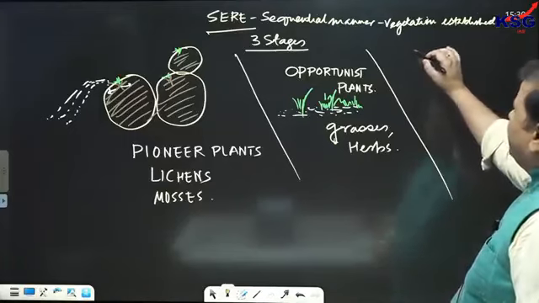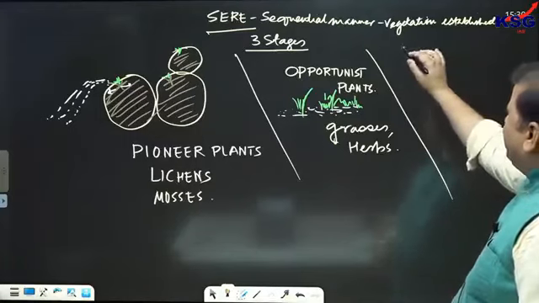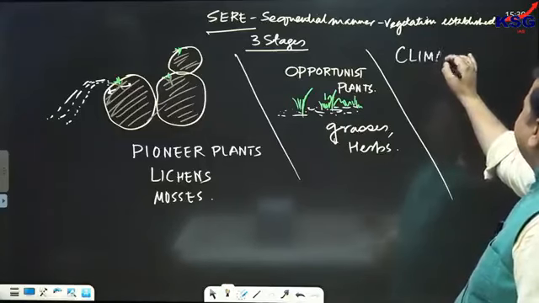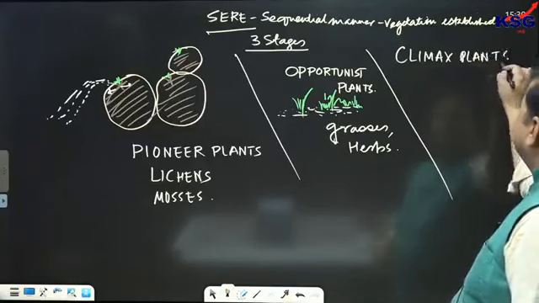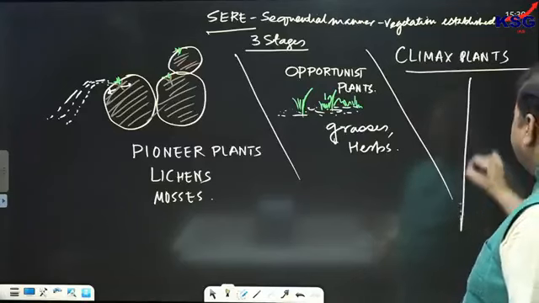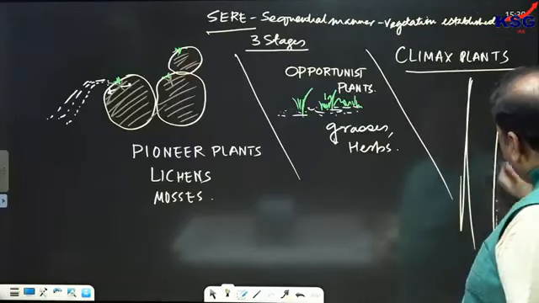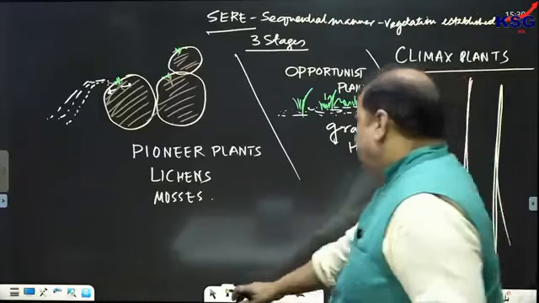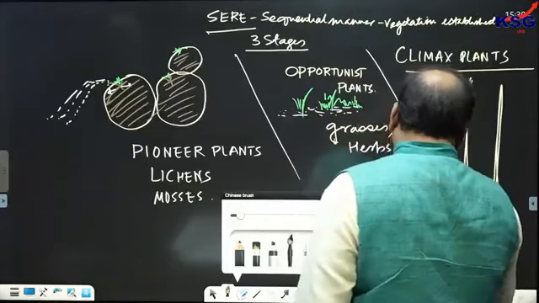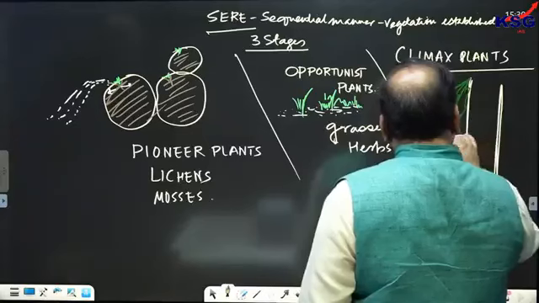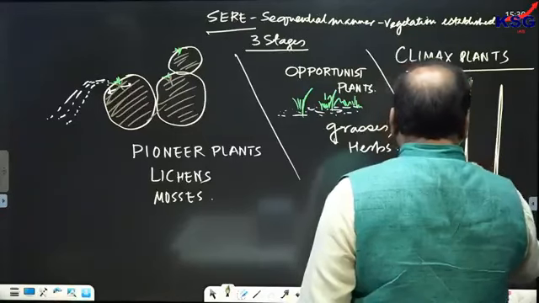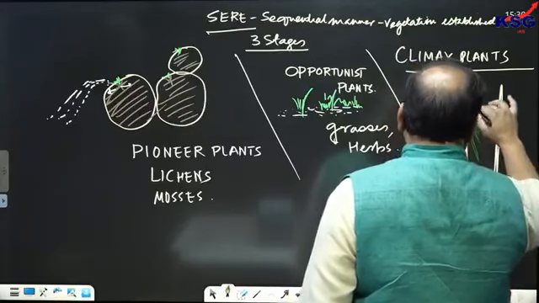And the third stage would be called what? It would be called the stage of climax plants. Now in this phase, we can see trees of greater height growing in that area. And obviously the leaves of these trees would be obstructing solar radiation.